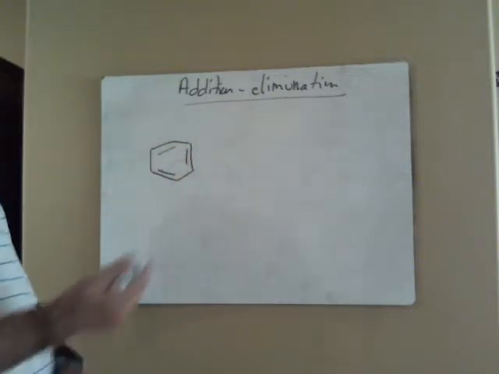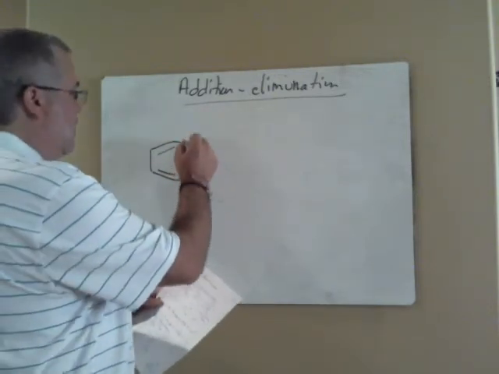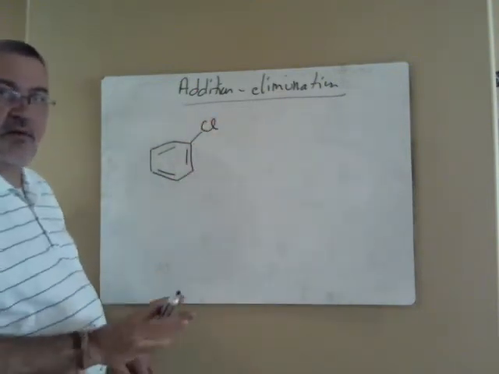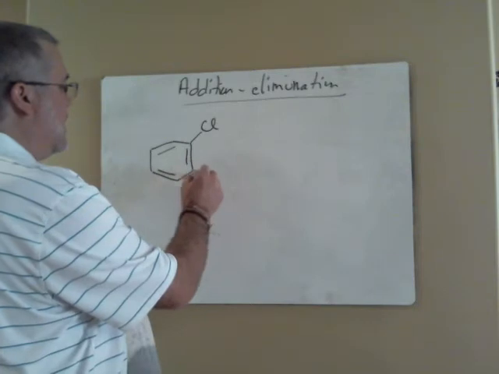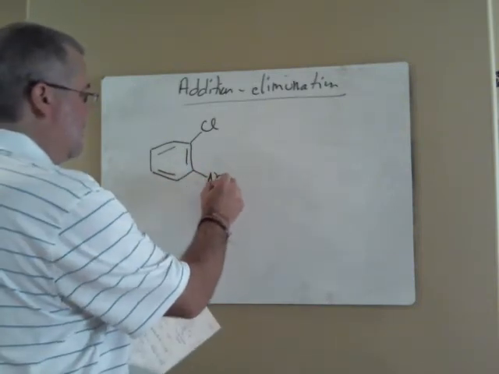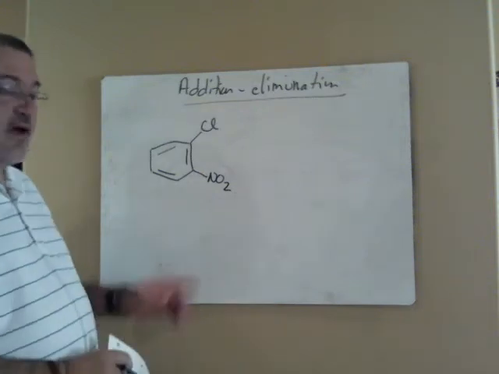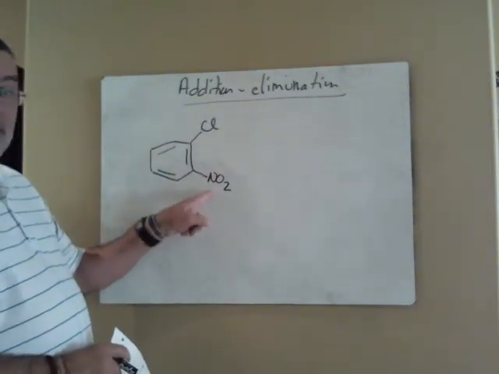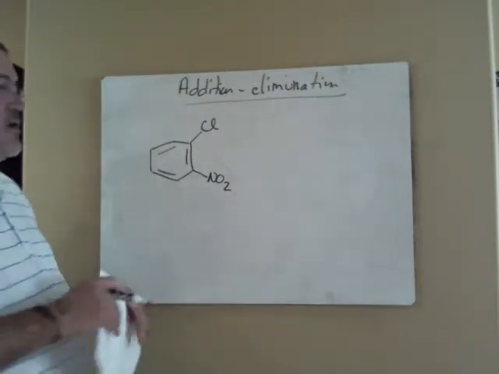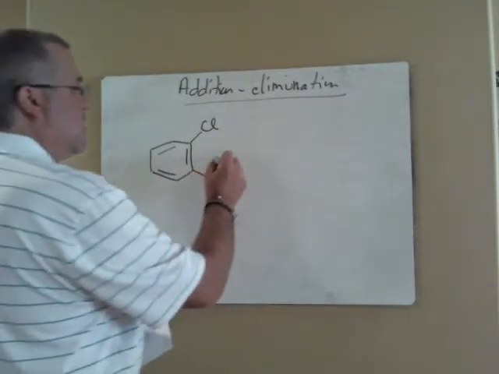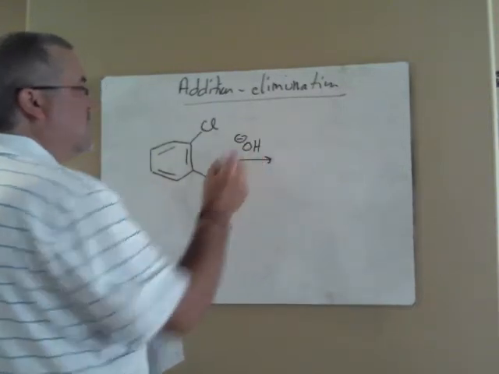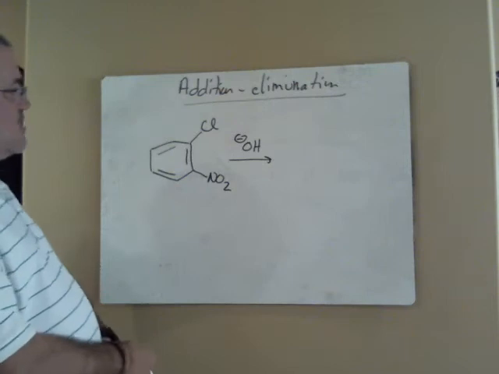So you have your aromatic ring, and we're going to put a chlorine on there, so it's an aryl halide, and then we're going to put a nitro group on there. So I have an ortho electron withdrawing group. So the strict conditions are met here for us to undergo this reaction. And then I'm going to react it with a strong nucleophile, in this case, OH minus.